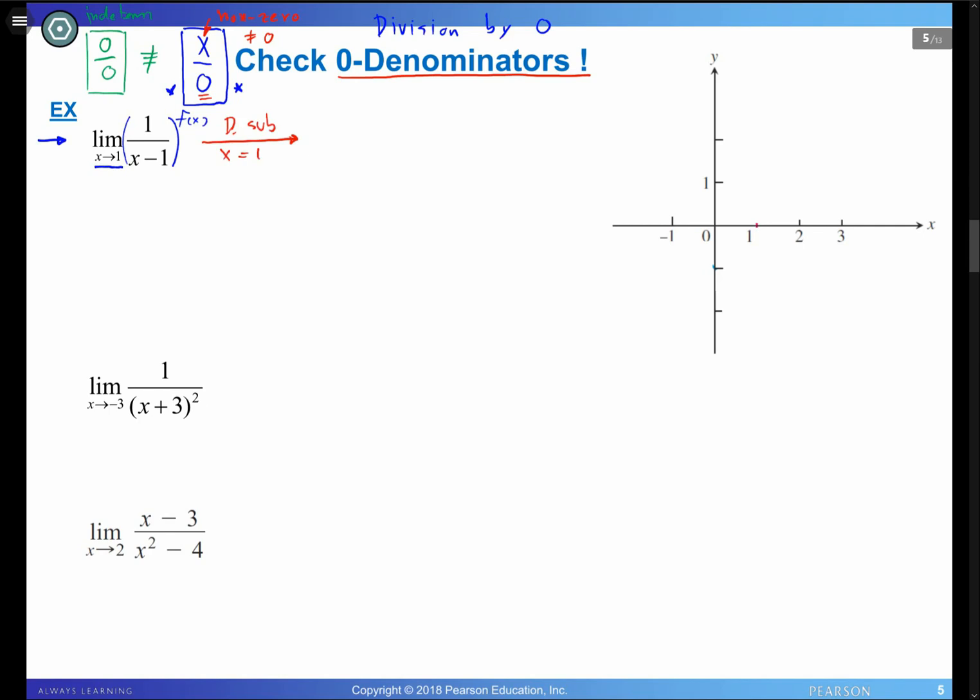Now 1 goes in, we have 1 divided by 1 minus 1, and we have 1 divided by 0. And there you go, we have this form. Non-zero value as numerator divided by 0 denominator. And this is definitely the form that we want to focus on today. Zero denominator. Let me highlight this one. So this is the form.